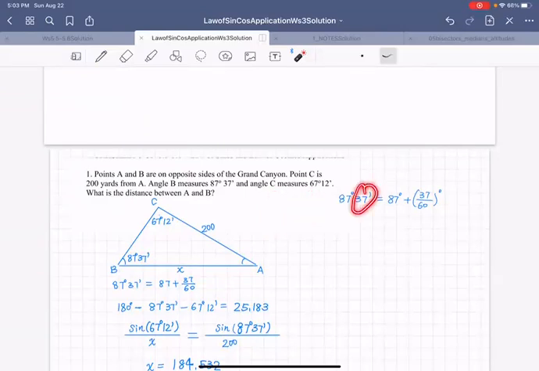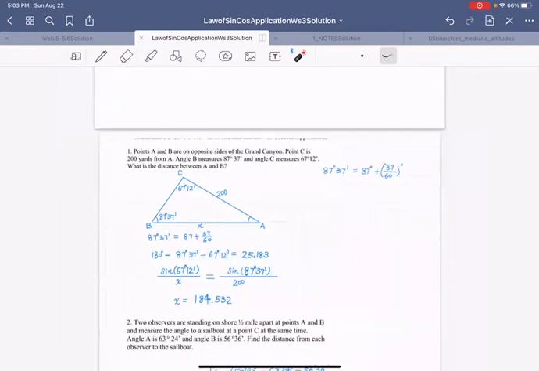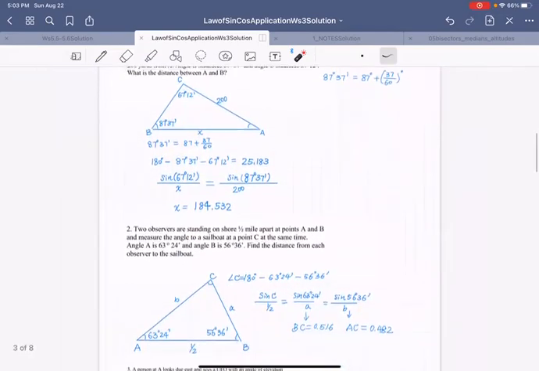So 37 prime will equals to 37/60 degree. Does this make sense? So then did I answer your question or not? Okay. That's for the first question.